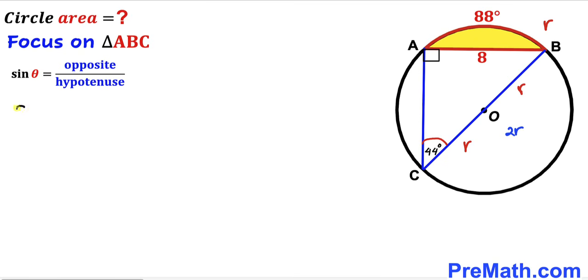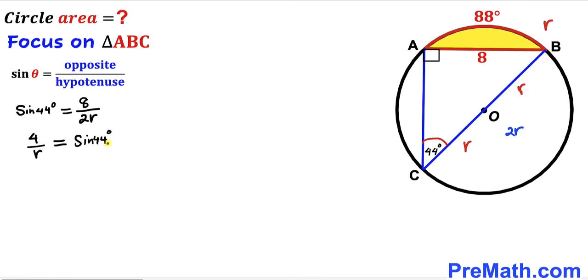So we can write sine of 44 degrees is equal to 8 divided by 2 times r. If we reduce the right hand side, this can be written as 4 divided by lowercase r. So 4 divided by r is equal to sine of 44 degrees.